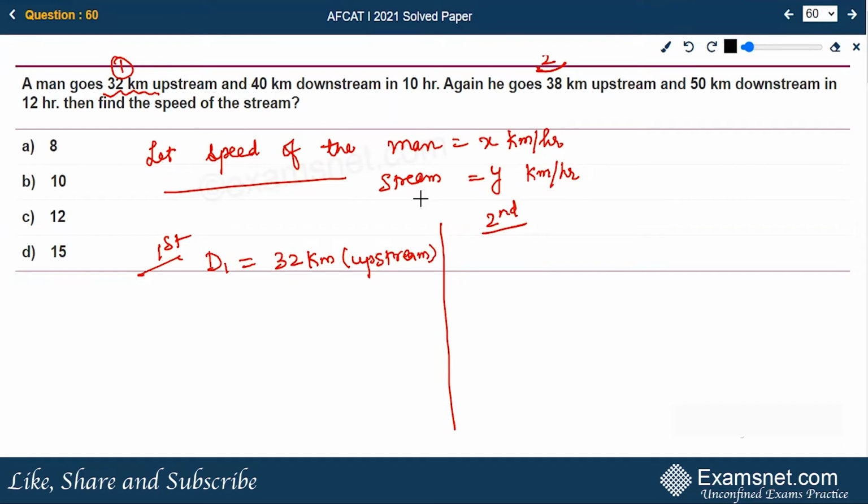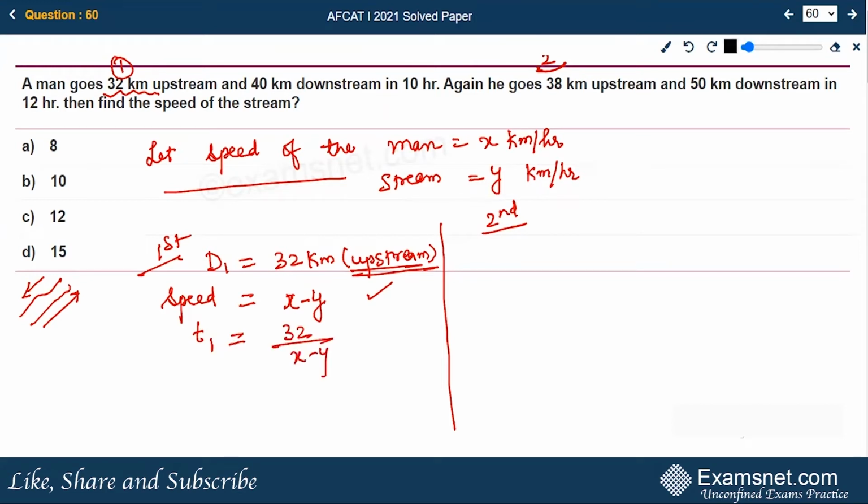And the speed of the man while he was traveling upstream, what will be the speed? See, when he's traveling upstream, the speed of the man minus speed of the stream. This is the net speed. Because while he's going upstream, this is the direction of the speed of the stream. The man is going in the opposite direction. Therefore, the two speeds will subtract each other. So over here, the time is equal to distance upon speed.